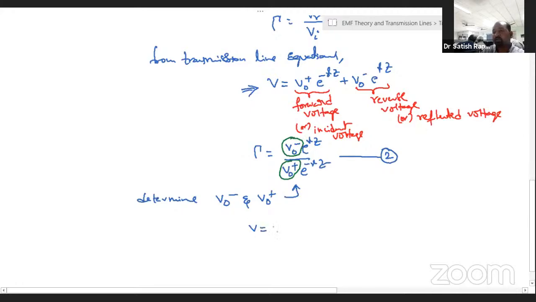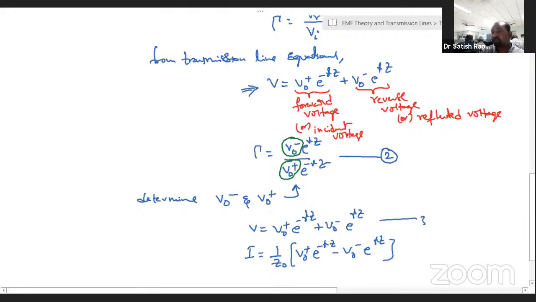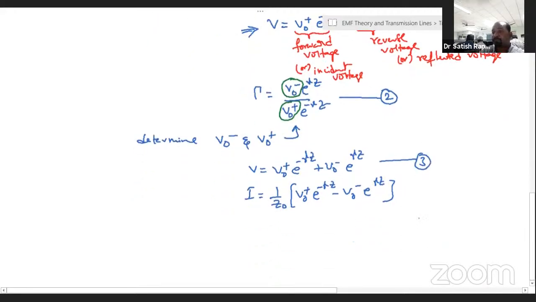We know that V is equal to V naught plus e power minus gamma z plus V naught minus e power gamma z, and I is equal to 1 by Z naught times V naught plus e power minus gamma z minus V naught minus e power gamma z. Let us say this is equation 3.